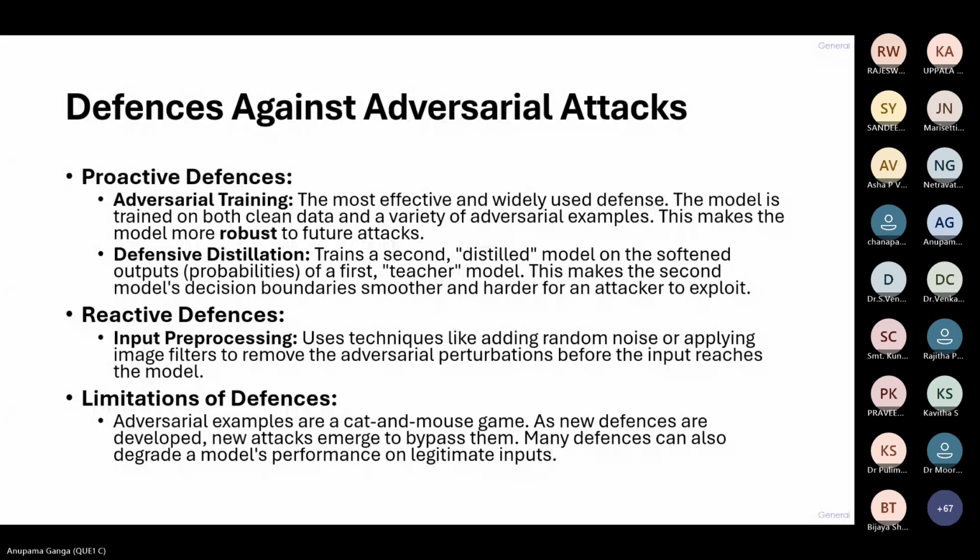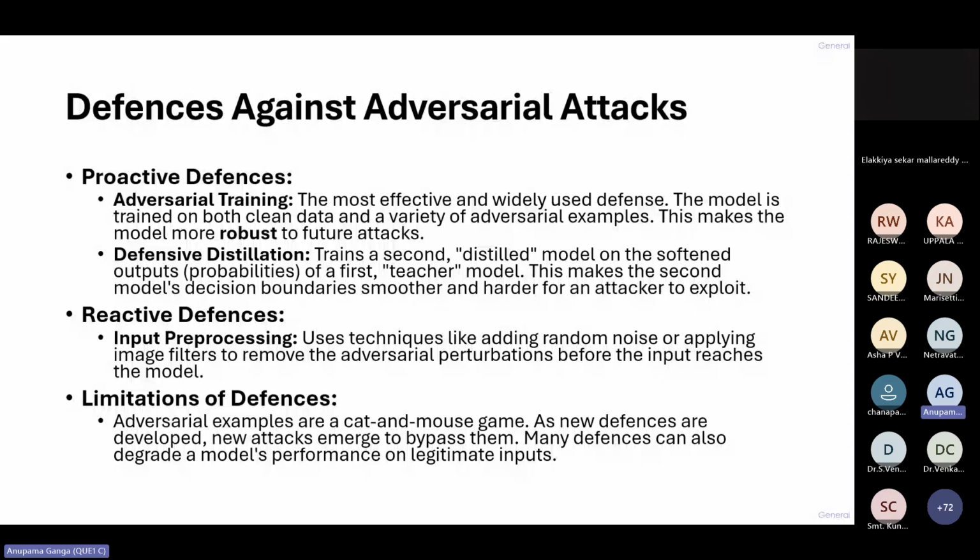Basically we'll give some false data also. That's how we are building a stronger model. And then we'll build some reactive defenses also. These reactive defenses, we can say, are like adding some random noise or filters.